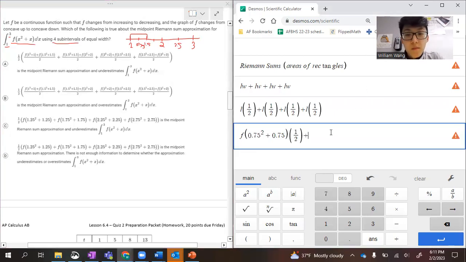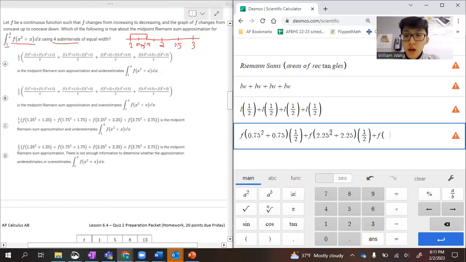So that would be f of, and hopefully you're able to mentally calculate the midpoint. The point between 1.5 and 2 is going to be 2.25, plus 2.25 times 1/2, right? Cool. Then I keep on going.